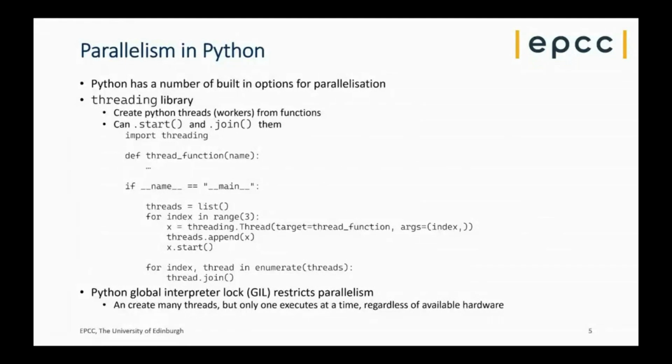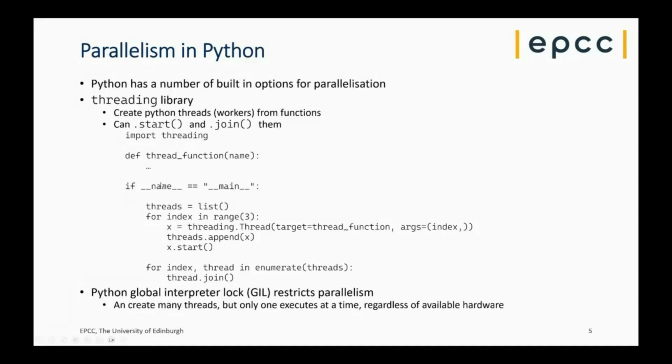Now Python is set up to use that first option, shared memory parallelism inside a program, inside a compute node, relatively straightforwardly. There are a bunch of built-in libraries which let you do this. One is called the threading library, and there you can create workers, give them work to do, and they go off and do their work. So as an example, here's a bit of code where we've imported the threading library.